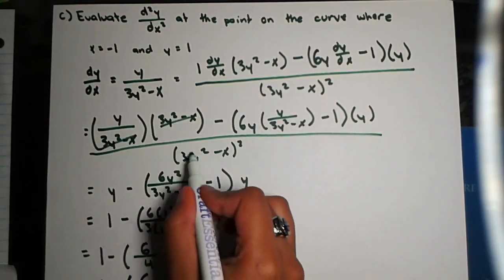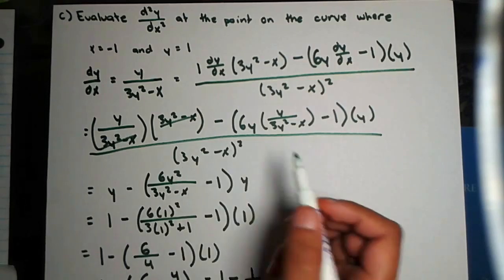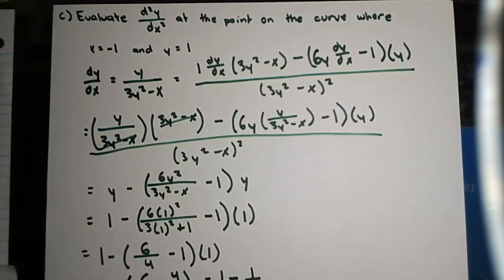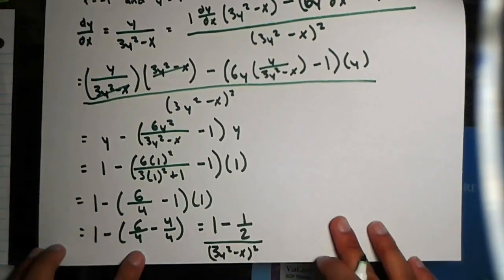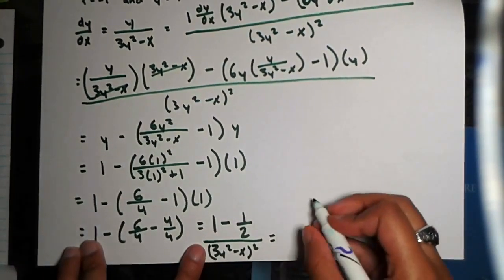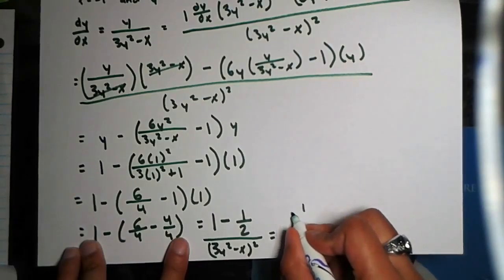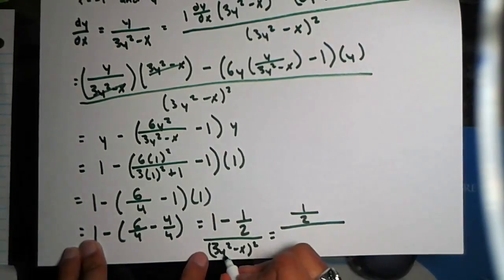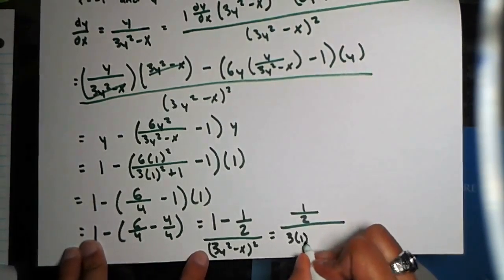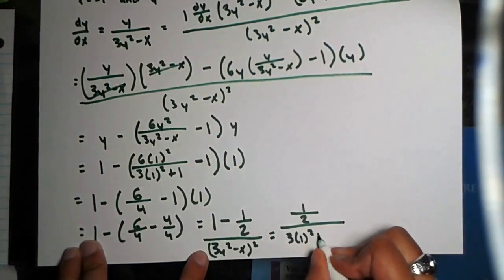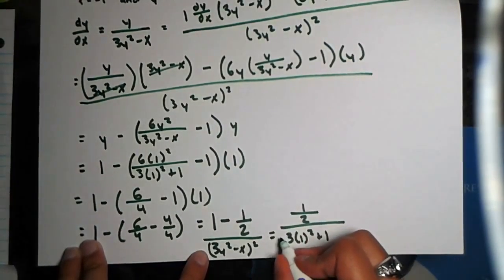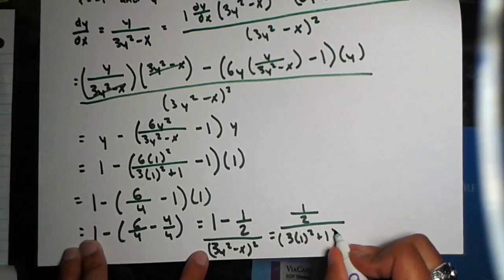And don't forget that this is all over 3y squared minus x squared. And plug in the x and the y for those two. So this is 1/2 over 3 times 1 squared plus 1, because minus negative 1 is plus, and that's all squared.